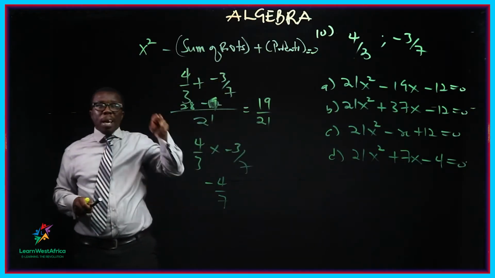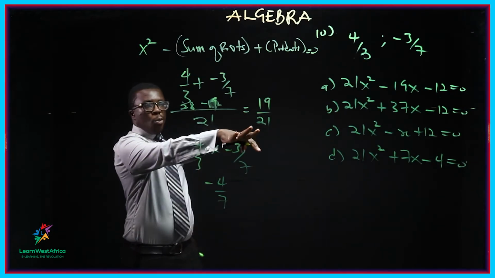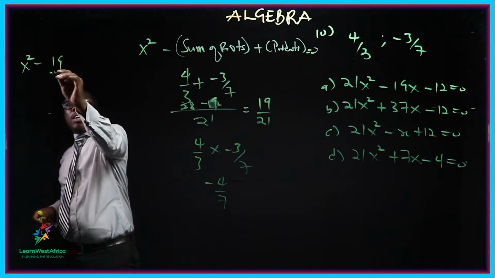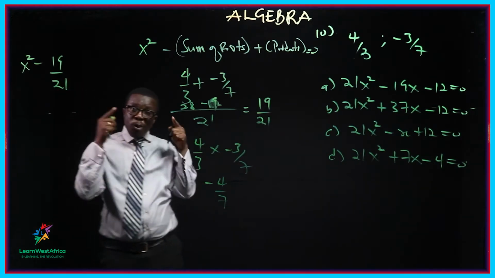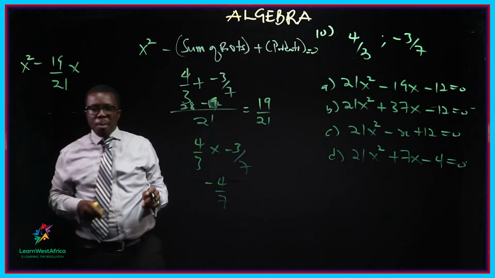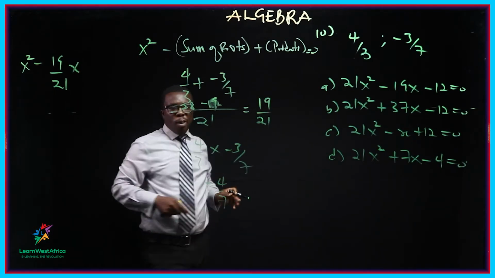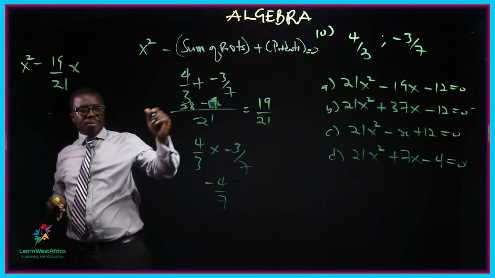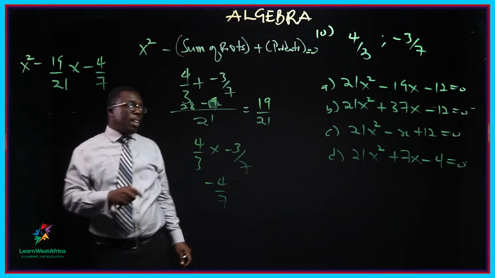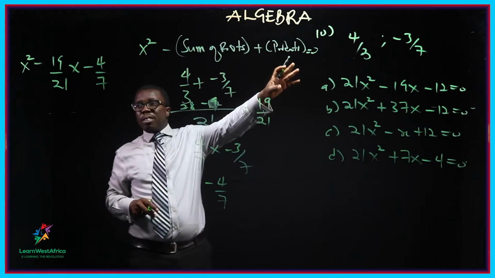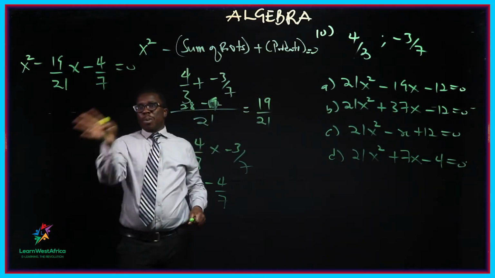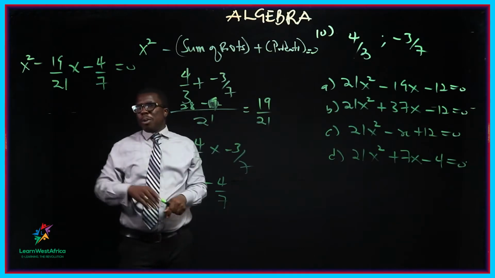So x squared minus the sum of roots, which is 19 over 21, so x squared minus 19 over 21 x, then minus 4/7, equal to 0. We multiply through by 21 because that is the LCM.